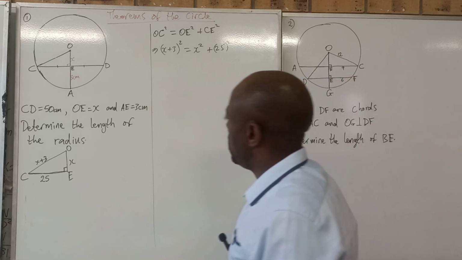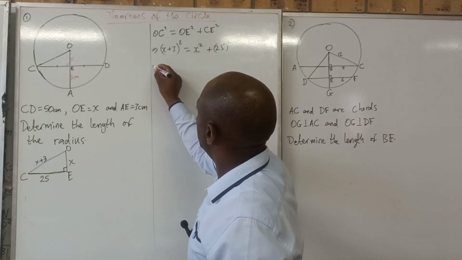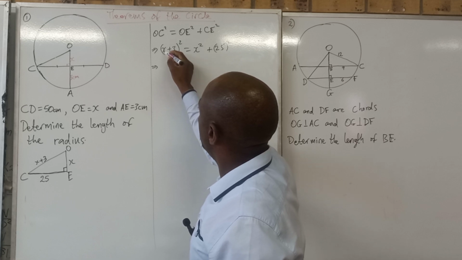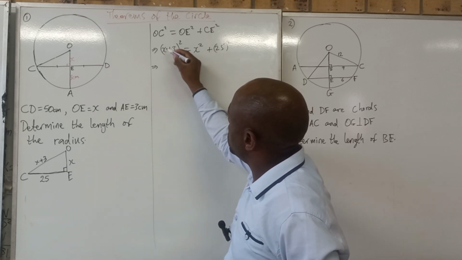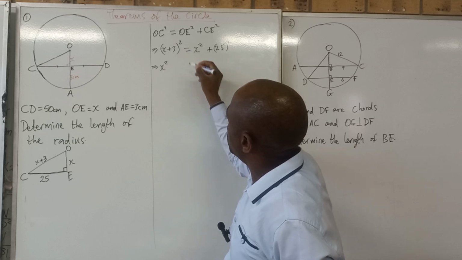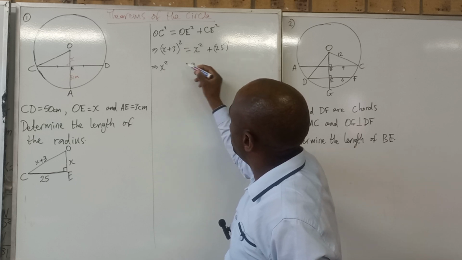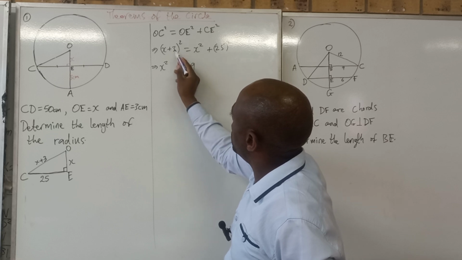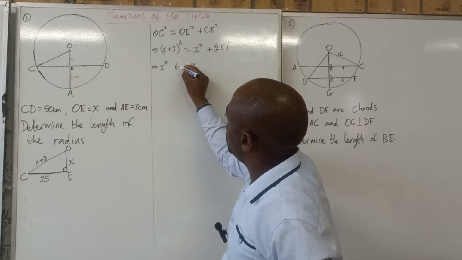That is what I get. Then I will open the bracket. If I am squaring this, in my own simple way, I take x and square it, that gives me x squared. I take 3 and square it, it gives me 9. Then in the middle, I take 2 times 3 times x, which gives me 6x.